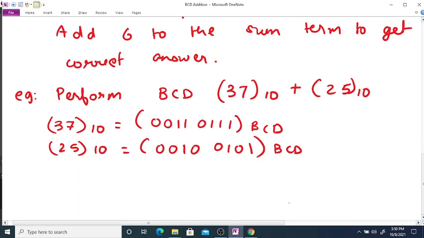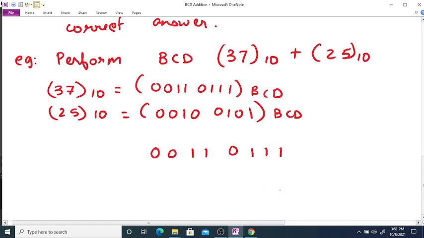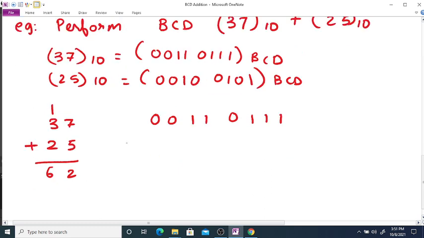Now, we will add these two numbers, 0011 0111 and 0010 0101. Here we will write the decimal representation also. So, 7 plus 5 will be 12 and here it will be 62, so the correct answer should be 62 in decimal.